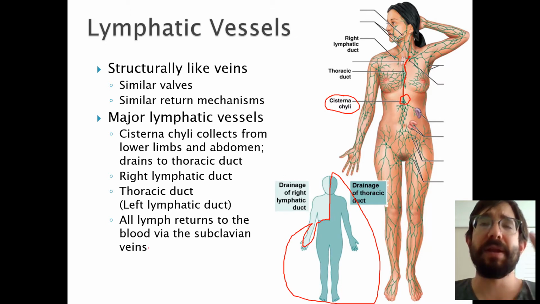But you do have one other big lymphatic duct in your body called the right lymphatic duct that will collect the rest of the lymph from the right side of the head, the right arm, and the right thorax, and dump all of that lymph into the right subclavian vein. So 2 passageways for all of that 3 liters of lymph per day to get back into your bloodstream.